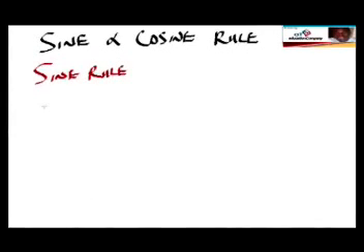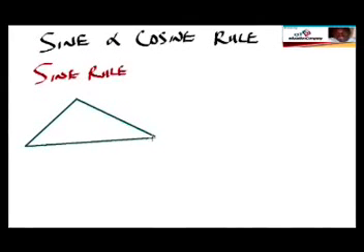The formula says if you have a triangle of this manner, and this part of the triangle is called A, this other part B, and this part C. The side that faces A will be the small a, and the side that faces B will be the small b.